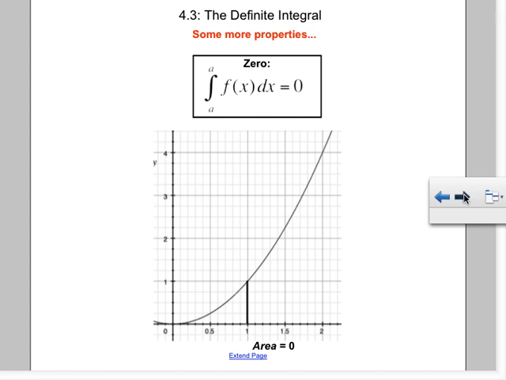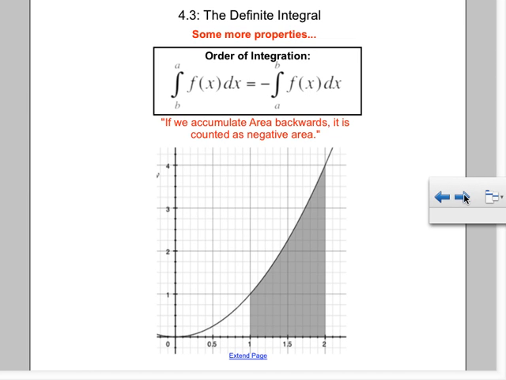Okay, next one. Order of integration. What this essentially says is that if you accumulate area backwards, it is counted as negative. So the integral from b to a would be equal to negative integral from a to b.